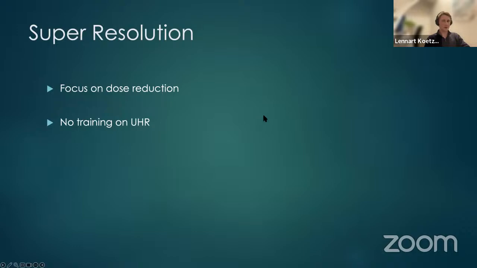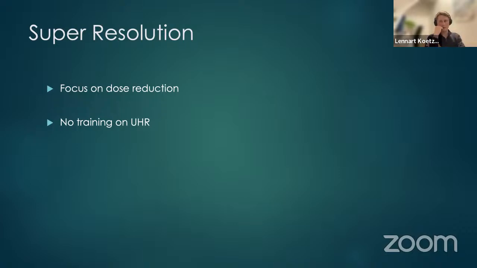Well, then going to somewhat other application, super resolution, because the noise reducing capabilities can not only be used for reducing the radiation, but also to keep the noise low in high resolution images.